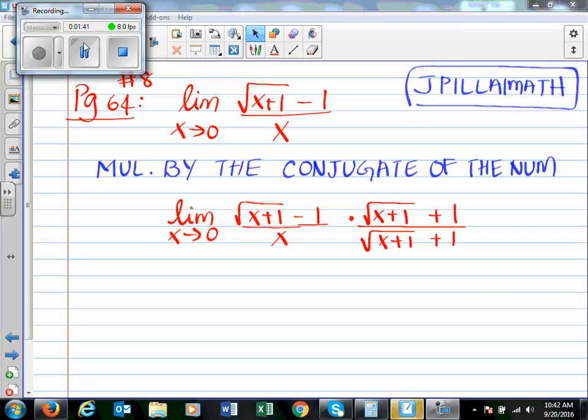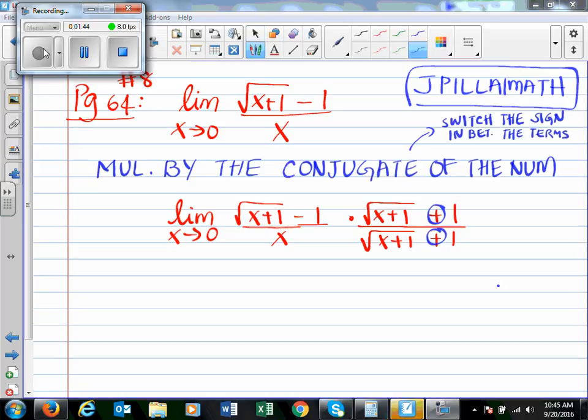All right? So now, when you look at the numerator, this part and this part are just like a minus b and a plus b. Please notice that this is of the form a minus b and this is a plus b.